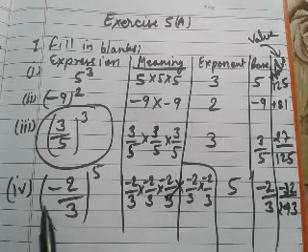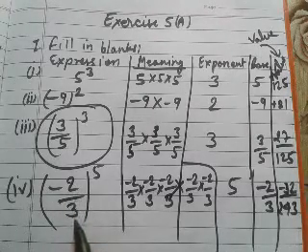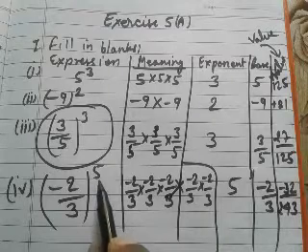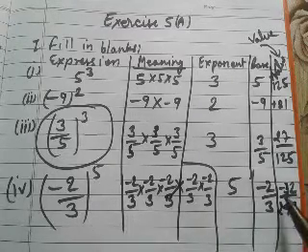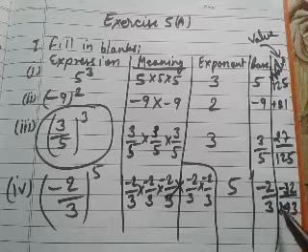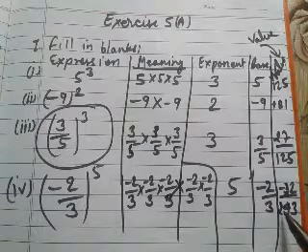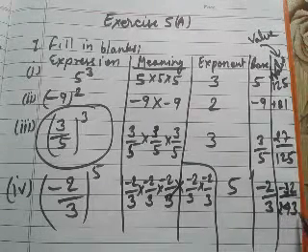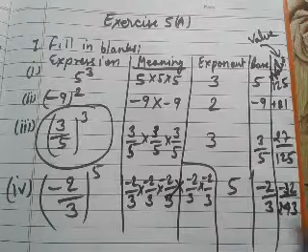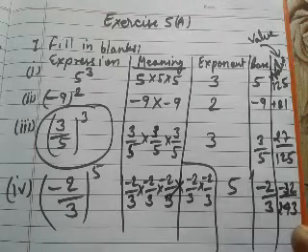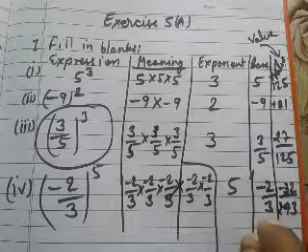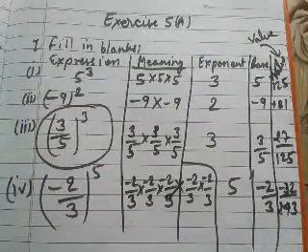So the value of minus 2 by 3 raised to the power 5 will be minus 32 upon 243. So this is the solution of the first question.